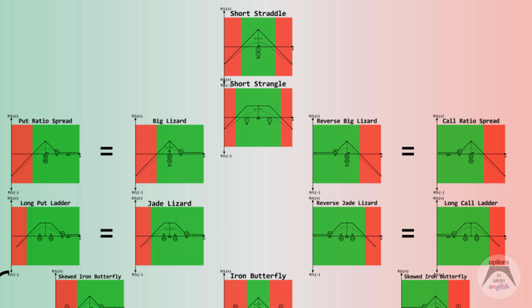Now, you might think that when you have a short straddle, any price move is going to make you go in the money with your put or with your call. If it moves higher, then your short call is going to be in the money. If it moves lower, your short put is going to be in the money, which is true. But the short straddle is going to bring you a very, very high level of premium.